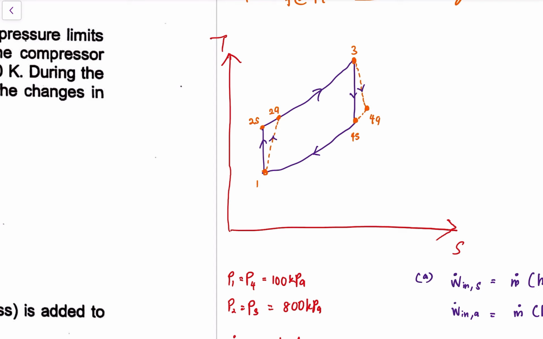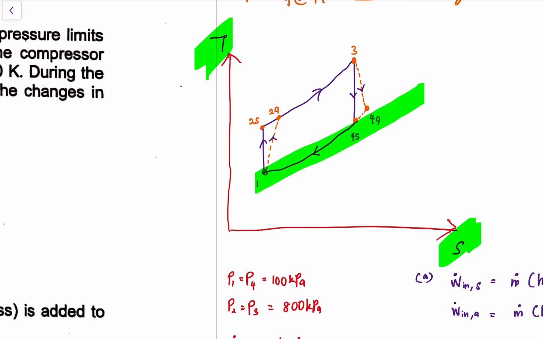Do not forget, once you are required to sketch the TS diagram, please remember that you need to have the axis, the title, the arrow, the states, and the numbering. Then you are going to get marks on that.